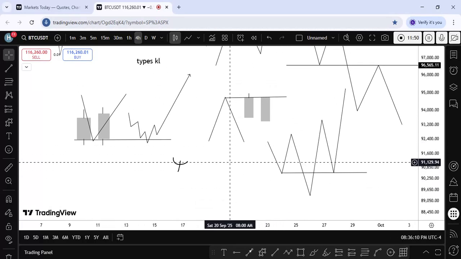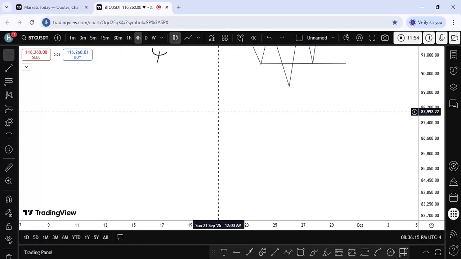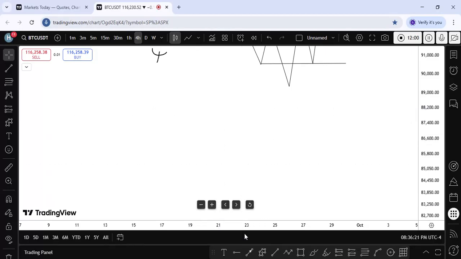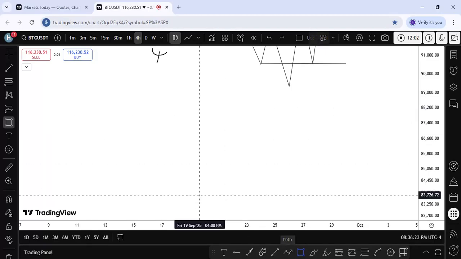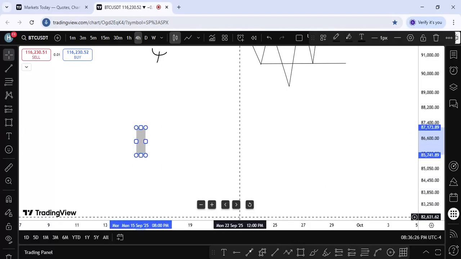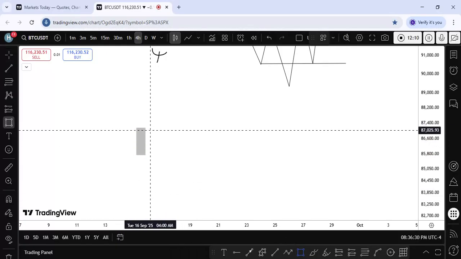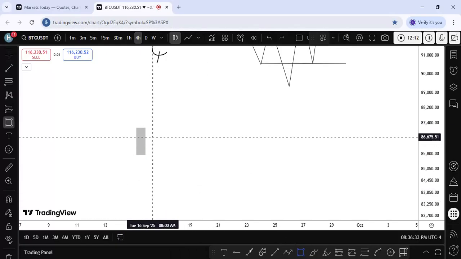So I hope you guys are jotting it on paper. I'm going to give you the next one. The next type of key level. We have the OCL key level. Our OCL key level.